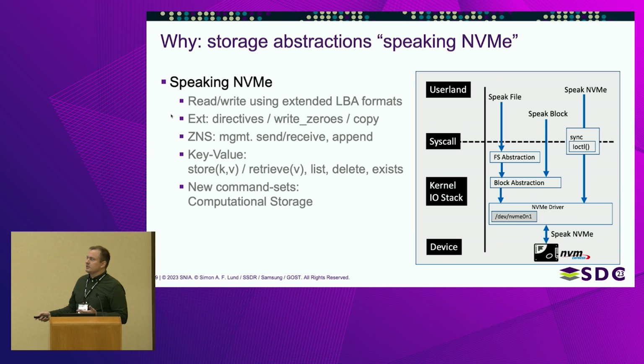There are a bunch of other examples, such as the directives needed for FDP and write optimizations such as write zeroes. And you can always argue, well, that'll be the responsibility of the kernel to make use of a feature such as write zeroes or device-side copy to make this stuff work faster.